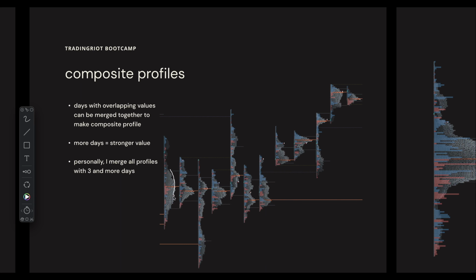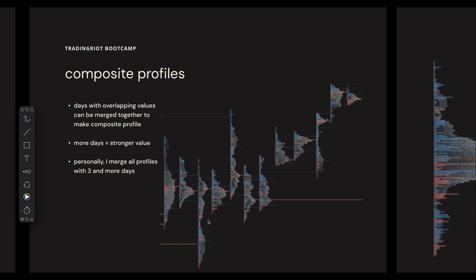But you can see here, this is ETH. You have 1, 2 composite values. Then you have this one, which is more of a double distribution, but besides the fact that the POC is here, so it's still within all the prior points of control, the trend days like this are not violating this kind of composite values too much.